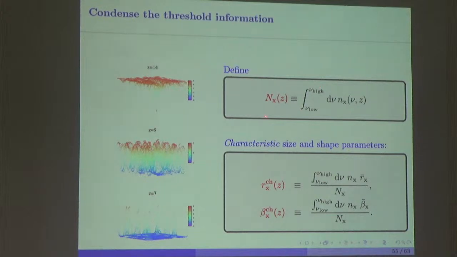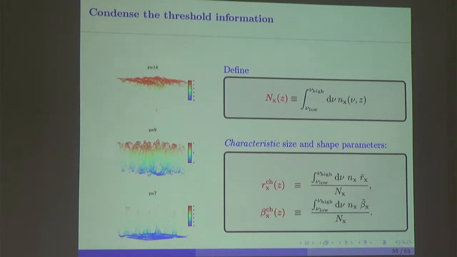So basically NX is the Betti number at a threshold. This is condensing. When you have different thresholds, you have different Betti numbers. We have seen that. So this is to condense the information. Now, in the future, you don't have to do this. This way of doing it is throwing away information. You are averaging out.